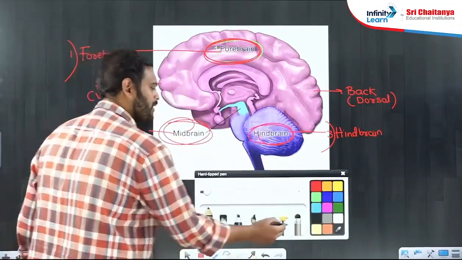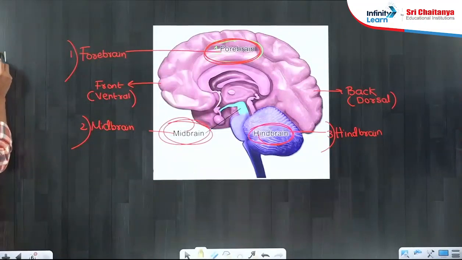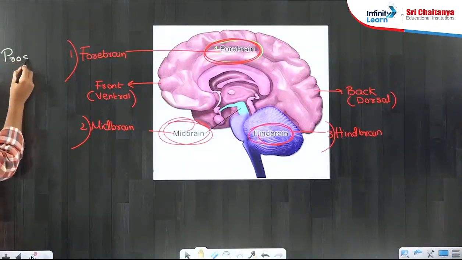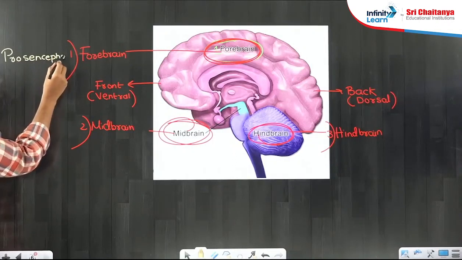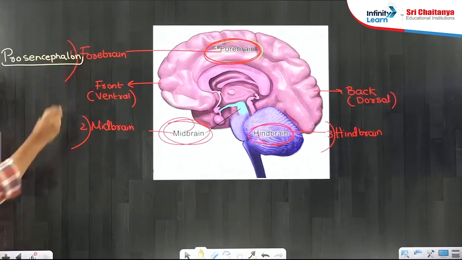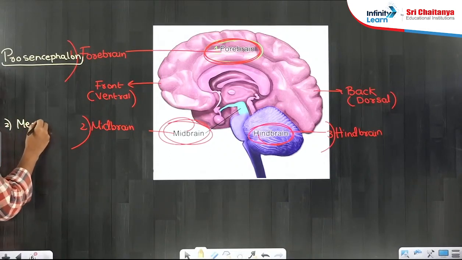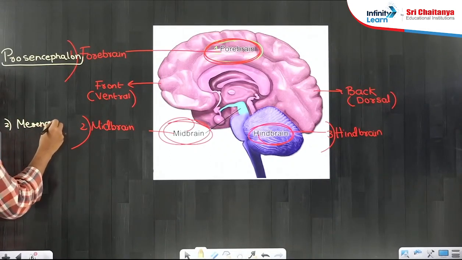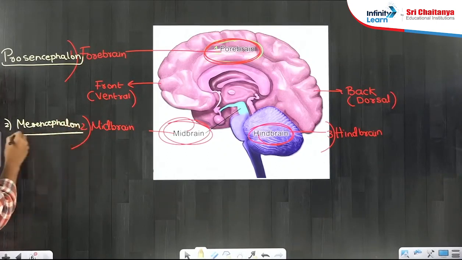And there are also technical terms for these parts of the brain. Forebrain is technically referred to as prosencephalon. Midbrain is technically referred to as mesencephalon.